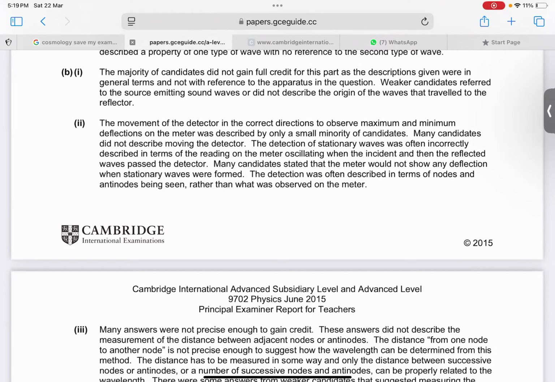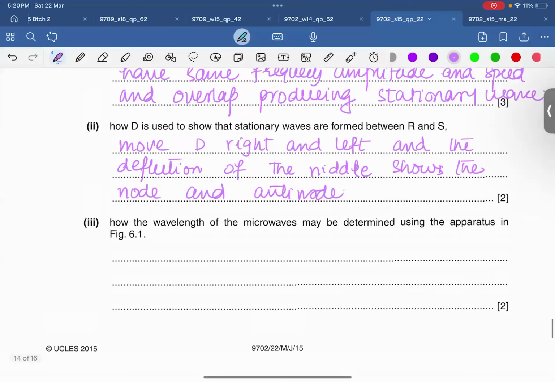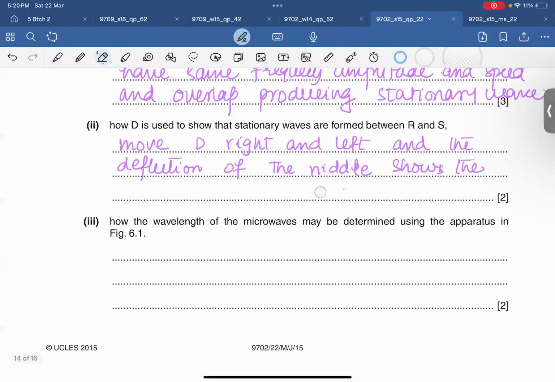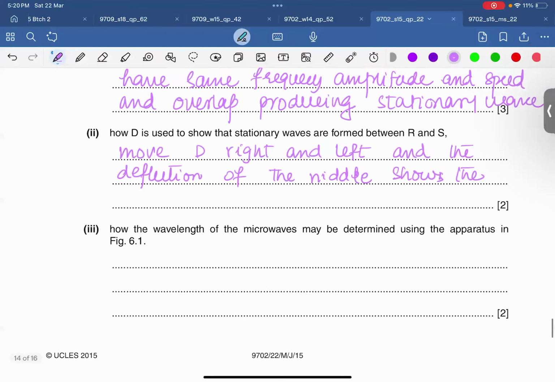Many candidates said that the meter would not show any deflection when the stationary wave is formed. Deflection was often described in terms of nodes and antinodes being seen rather than observed on the meter. So it's better for my answer to include the movement rather than just saying nodes and antinodes, because they're asking how it is used.